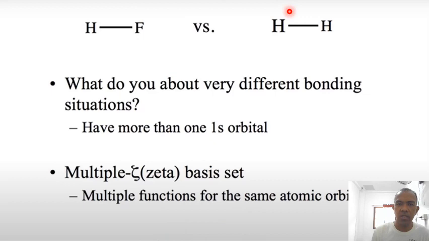Whereas in molecular hydrogen, the density is in between the two atoms, sort of averaged, since each atom is the same. So the H in hydrogen fluoride keeps a lot less density.